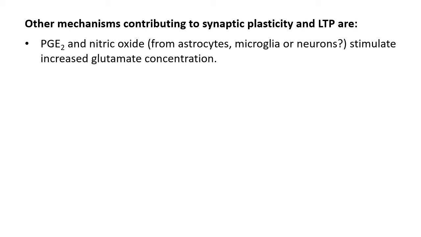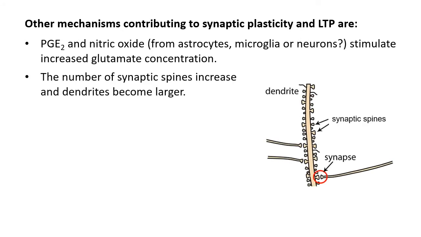In neuropathic pain, it seems likely that it would be from the damaged neurons. Structural changes that can be seen quite quickly after a significant episode of pain include an increase in the number of the little synaptic spines on the dendrites and an increase in the size or number of the dendrites.